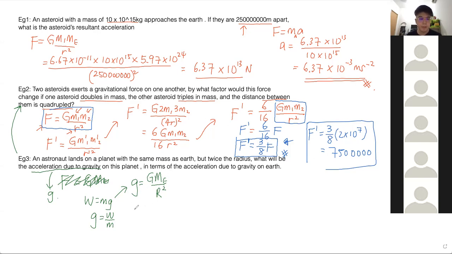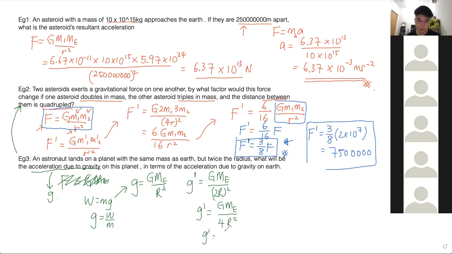Okay, so from here, how do you find this? Okay, when the planet that he lands on is twice the radius. Okay, so then I can write g new. What is my g new? Equals to GME. It's the same mass, right? The new planet is the same mass as Earth, but it's twice the radius. So we do like 2R, 2R squared. So g new equals GME over 4R squared.